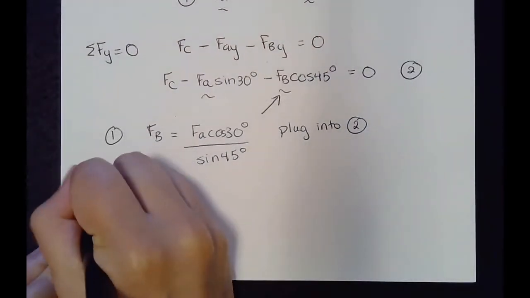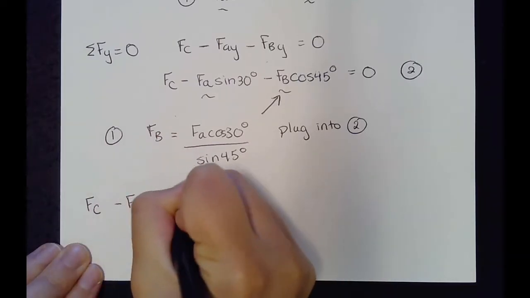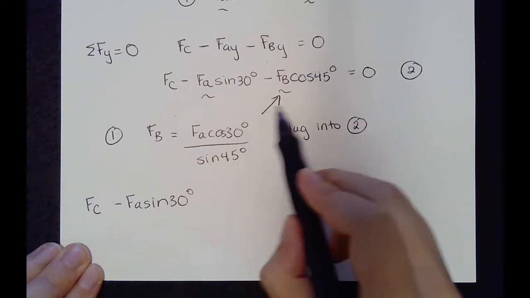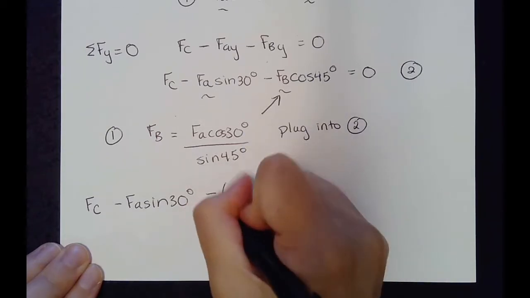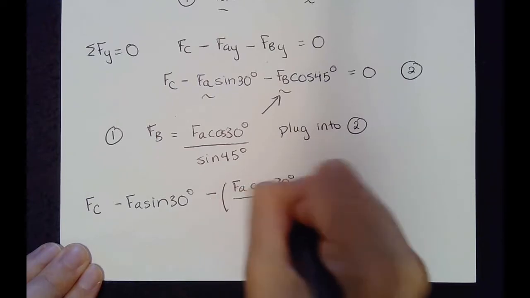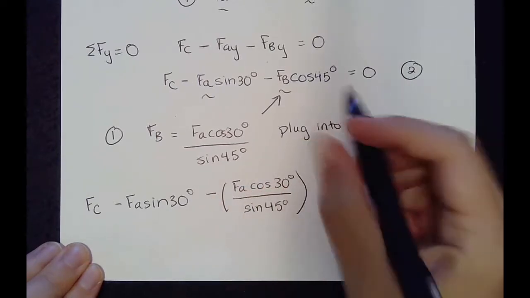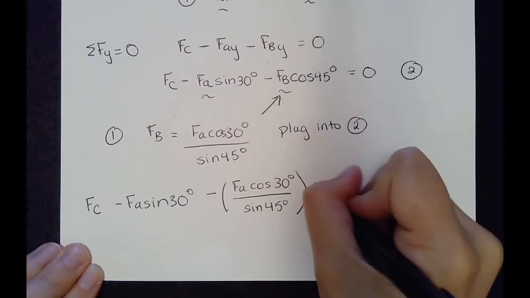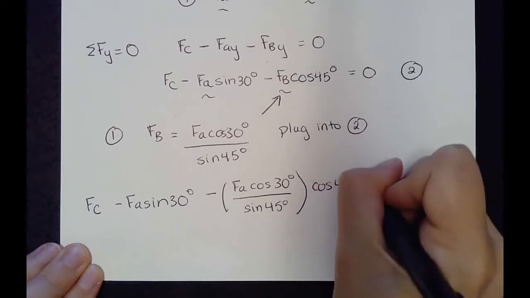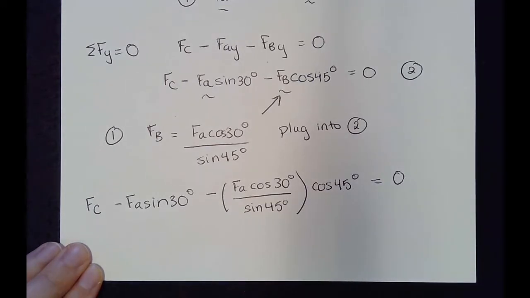So I'm going to have fc minus fa sine 30, just rewriting equation 2 here. Now minus, instead of fb, I write fa cos 30 over sine 45. And I still have this remaining cos 45. And that equals 0.